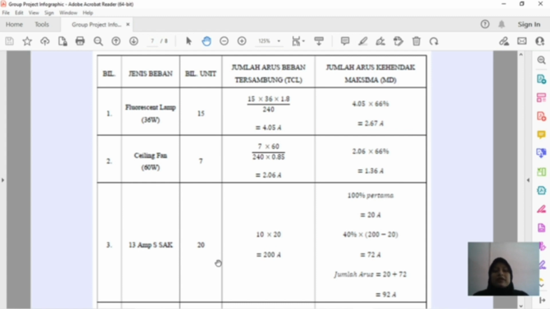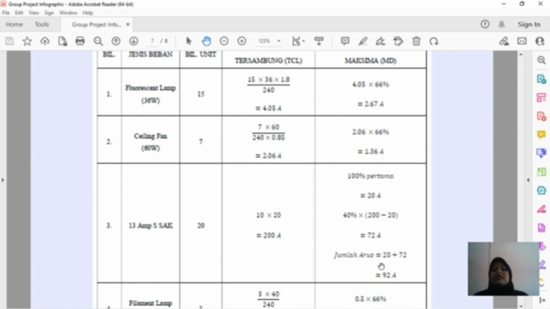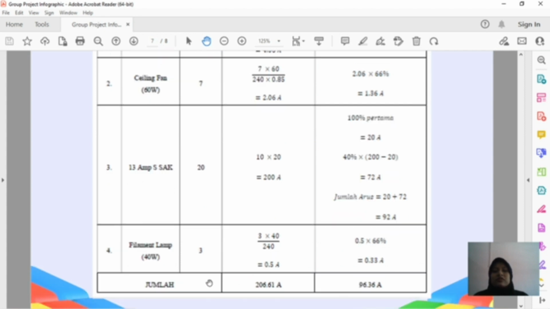The outlet socket is 20 units in the house after renovation, so divide by 2, 10 times 20 equals 200 A. So first 100% is 20 A, and second 40% times 200, the TCL answer, minus the first 100, you will get 72 A, and the total is 20 plus 72, which is 92 A for MD of the outlet socket.